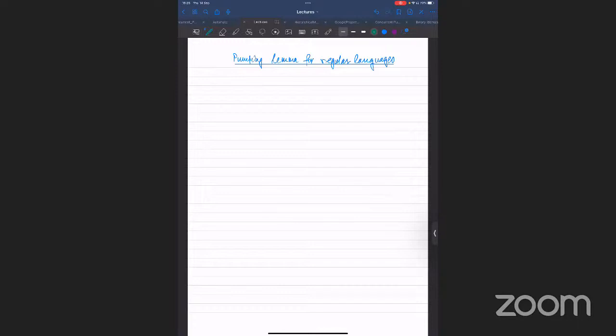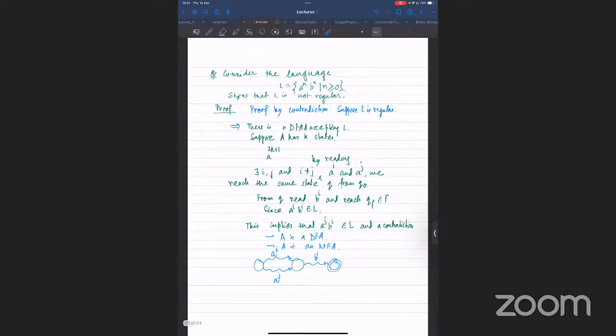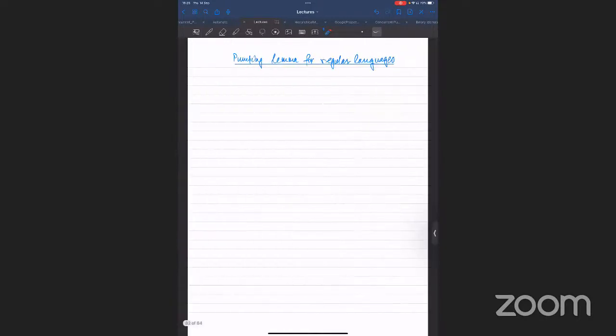Here, for example, we gave some argument for the language A^N B^N, but now we are going to talk about a generic tool to show that a language is not regular. Have you studied the pumping lemma for regular languages? Okay, let's quickly go over this.